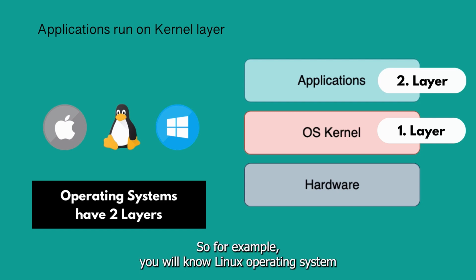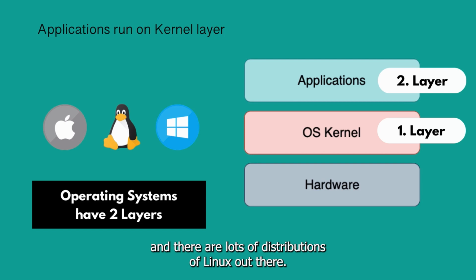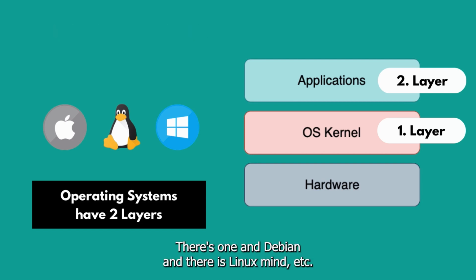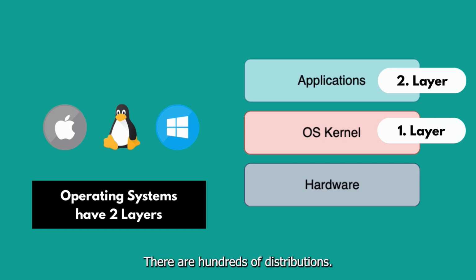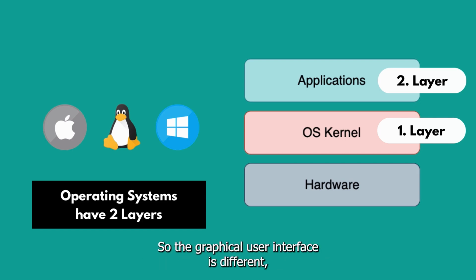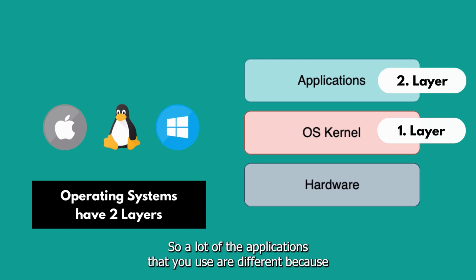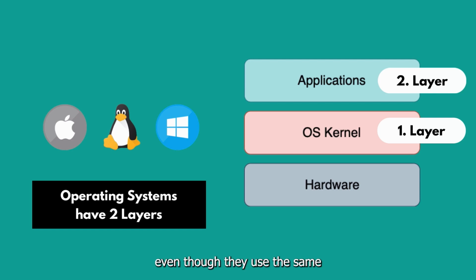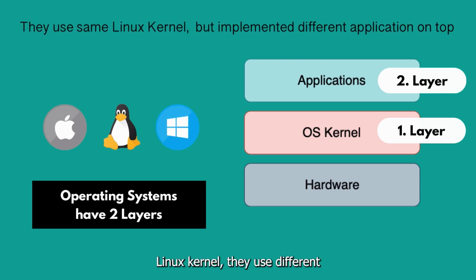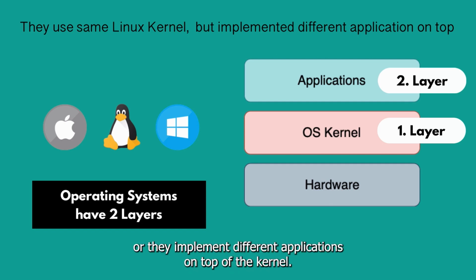For example, you all know the Linux operating system, and there are lots of distributions of Linux out there: Ubuntu, Debian, Linux Mint, and hundreds more. They all look different, so the graphical user interface is different, the file system is maybe different, and a lot of the applications you use are different, because even though they use the same Linux kernel, they implement different applications on top of the kernel.